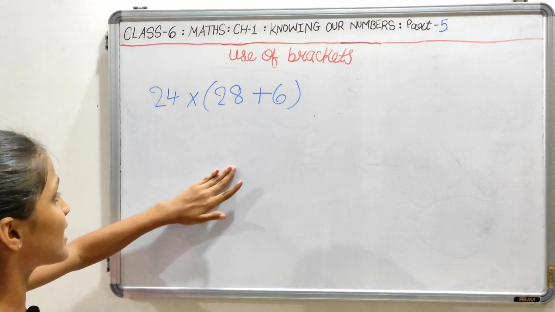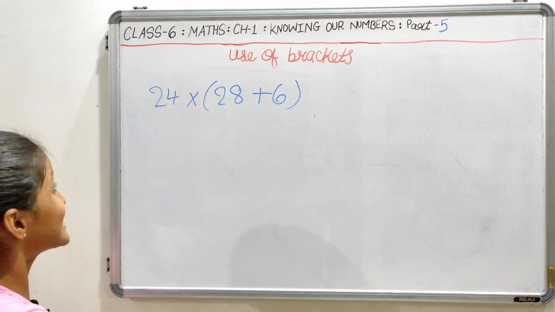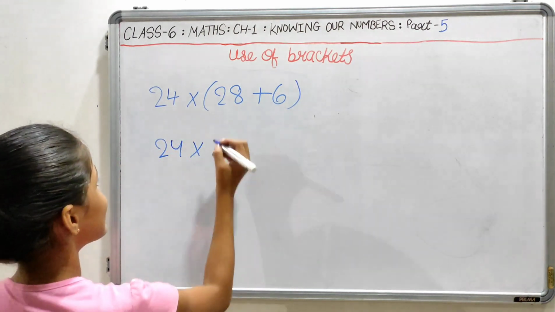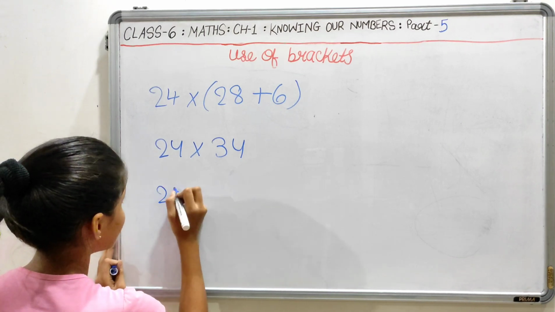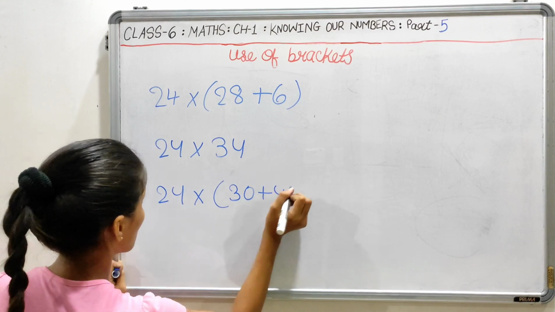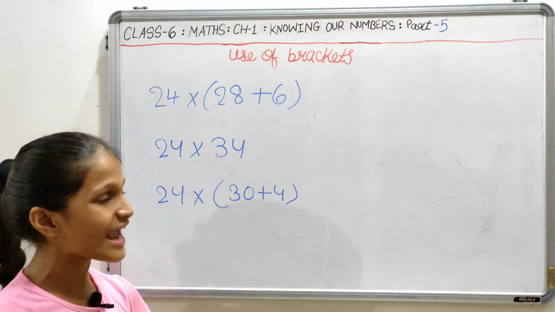Now the easiest method instead of those two methods is that 24 into 28 plus 6 equals 34. We could do 24 into 30 plus 4. Why? Because 34 also means 30 plus 4, right?